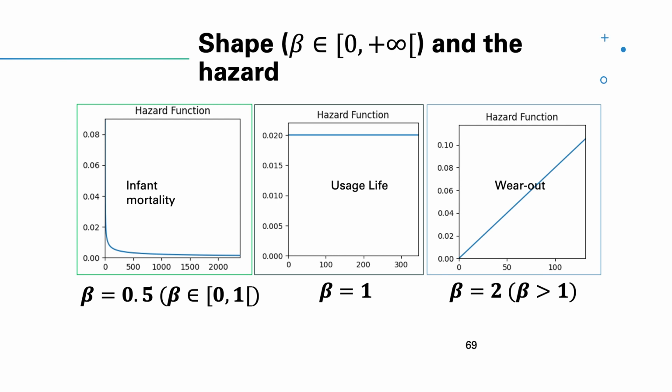If you set the beta to 1, you are always in a period of random failures, and if you set it to a value larger than 1, you are in a wear-out period. So it's really useful to use this distribution because we can parameterize it and get different hazards out of it. So we can cover the bathtub curve completely.